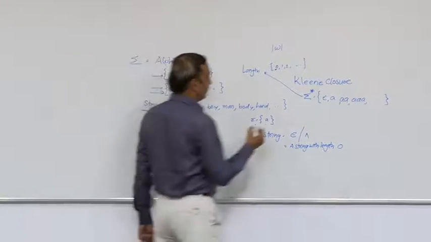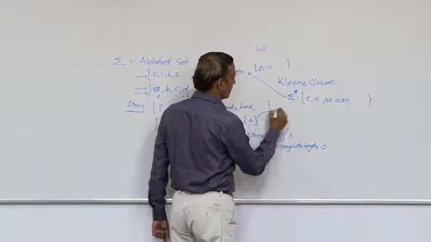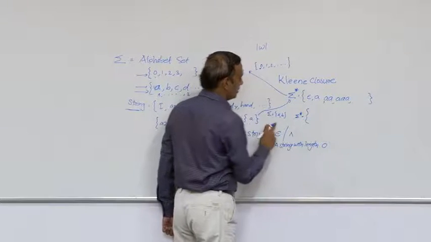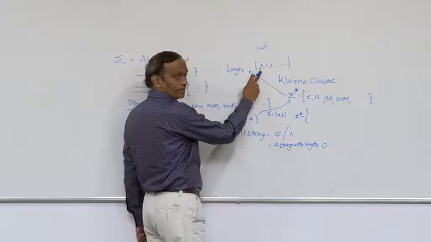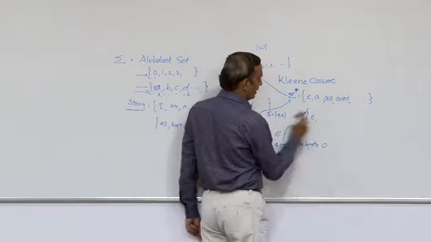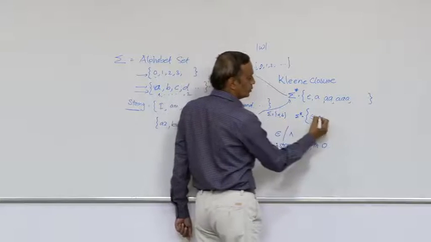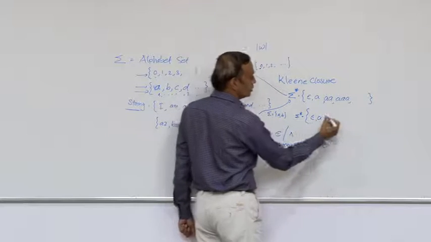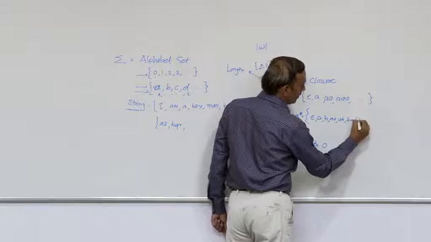Now let us say sigma equals {A, B}. My Kleene closure now has two symbols. With the length operation, I start with the null string of length 0, then length 1. Now I have A and B together as symbols from the input alphabet: A, then B. Now I want length 2: AA, AB, BA, BB.